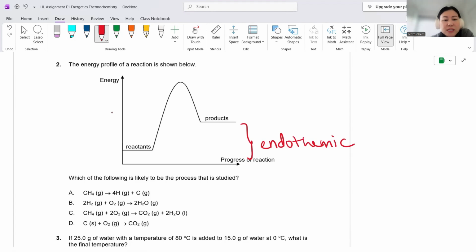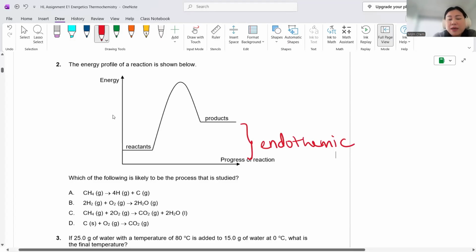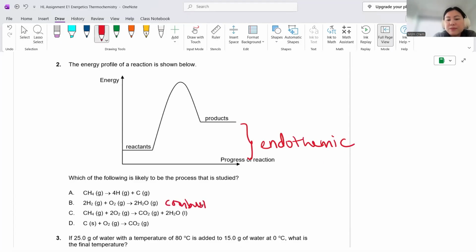So the first process involves breaking all the bonds to form atoms, which is atomization, but atomization of a molecule. Second process looks like hydrogen formed with oxygen. You can actually interpret it as a combustion. Okay, but it's not enthalpy change of combustion because you did not burn 1 mole, but it's an overall combustion process. Third one is also a combustion process because you can see you are burning methane.